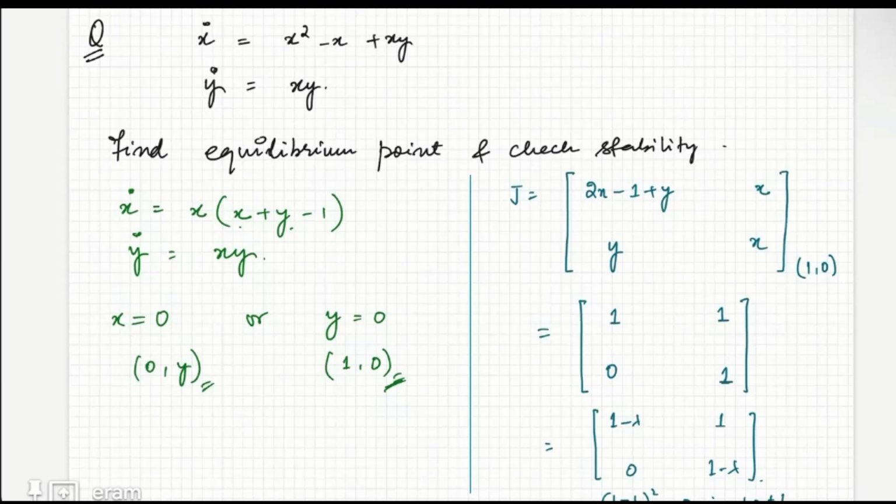We have a positive eigenvalue, given as 1. And since we have a positive eigenvalue, that means the system will be unstable.